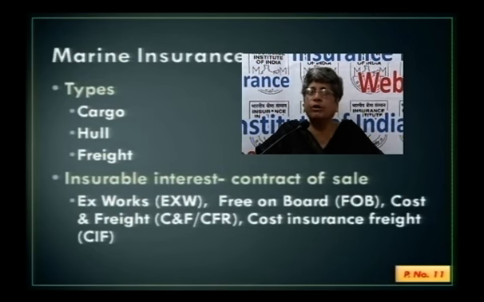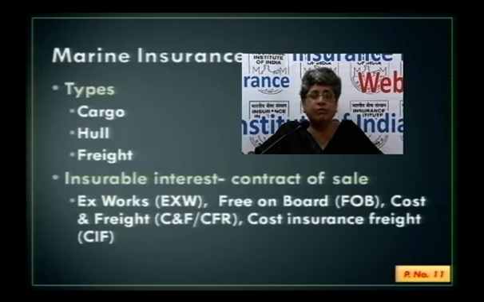We need not bother about whose right it is to take insurance when we take insurance, but when the loss occurs, who is the insured who is entitled to compensation or reimbursement of loss. So the most important factor for that, to get an understanding, the insurable interest in cargo insurance is on the contract of sale.